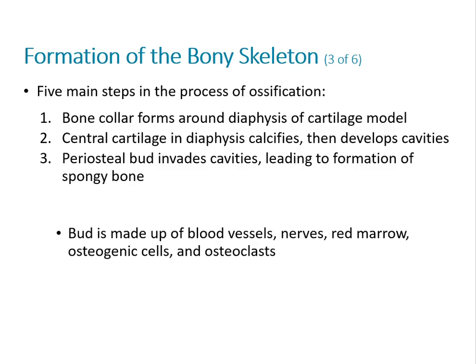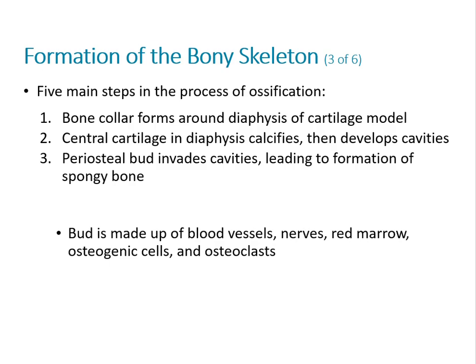In order to try to save the dying cartilage, the periosteum actually responds by creating a periosteal bud, or a blood cavity, that it sends into this cavity and tries to save all of the cartilage. But the periosteal bud brings in with it mesenchymal tissue that can form osteoblasts and nearby osteoclasts that have arrived.